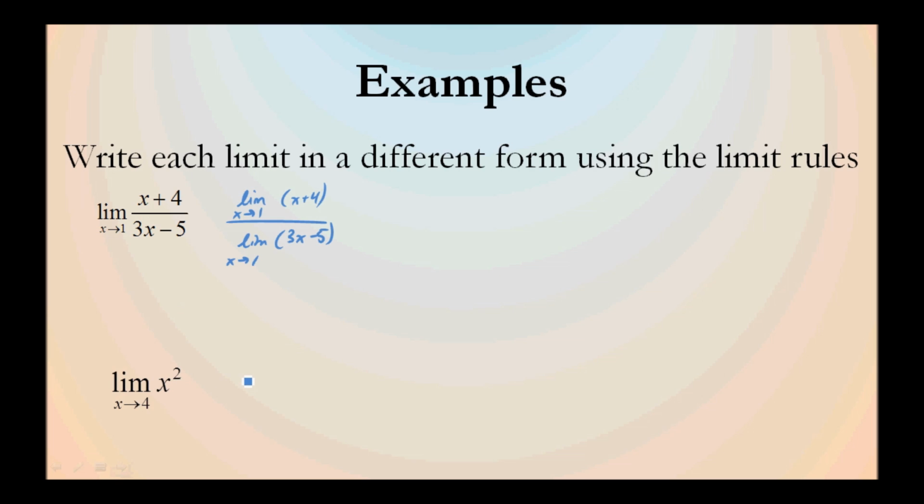The limit of x squared as x approaches 4 is the limit of x as x approaches 4, that quantity squared. The limit of 4 as x approaches 2 can be simply rewritten as 4. And the limit of x as x approaches 2, the limit of a variable, is the limit, 2.